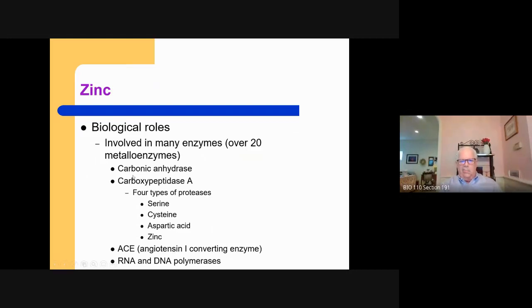Look here, carbonic anhydrase. Another important enzyme: H2O plus CO2 equals H2CO3, catalyzed by carbonic anhydrase.